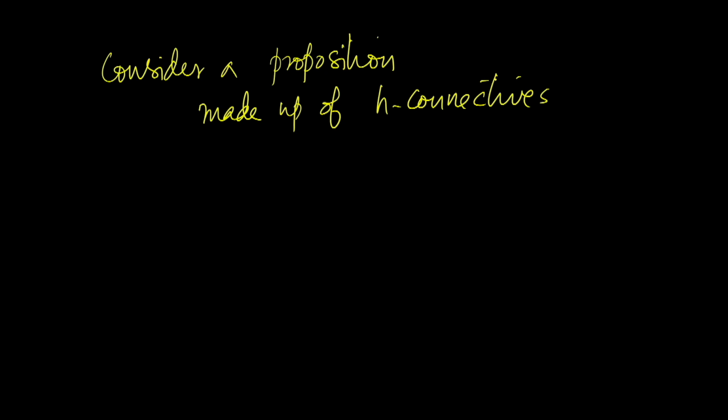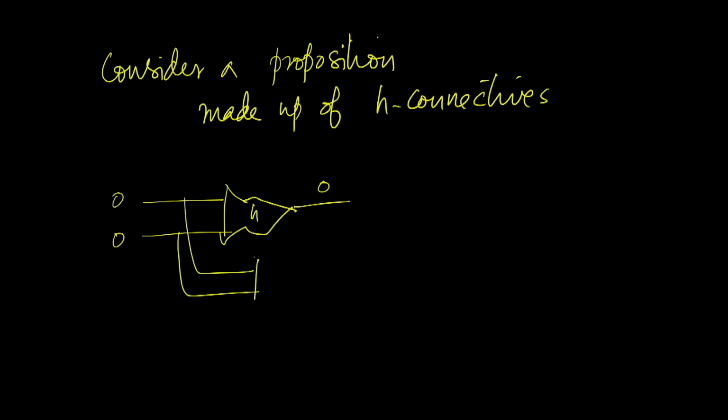In this, the only connective that has been used is h, and here both the inputs are, let us say, 0, on which we apply this h connective, and it produces a 0. And then on the same inputs we might have other h connectives applied, which will also produce 0.